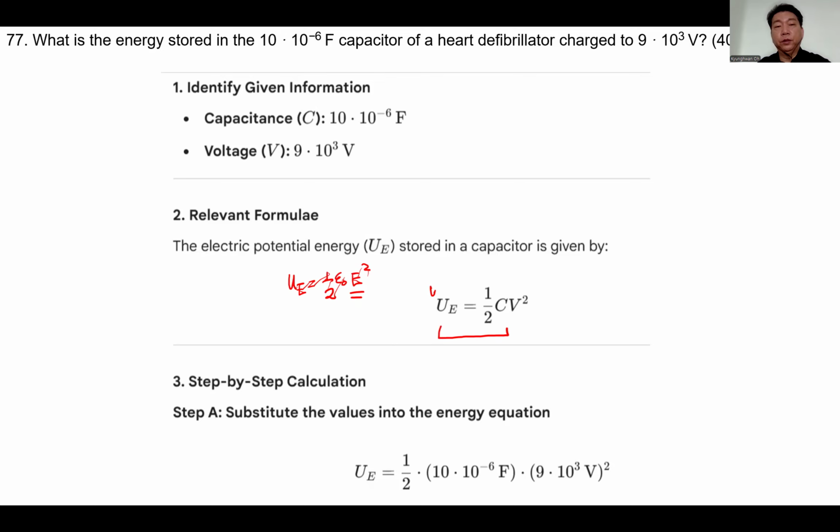And then the electric field is determined by the capacitance and the voltage. You can derive from this one to this energy, and then this should be divided by the U. Capital U is small u times voltage.